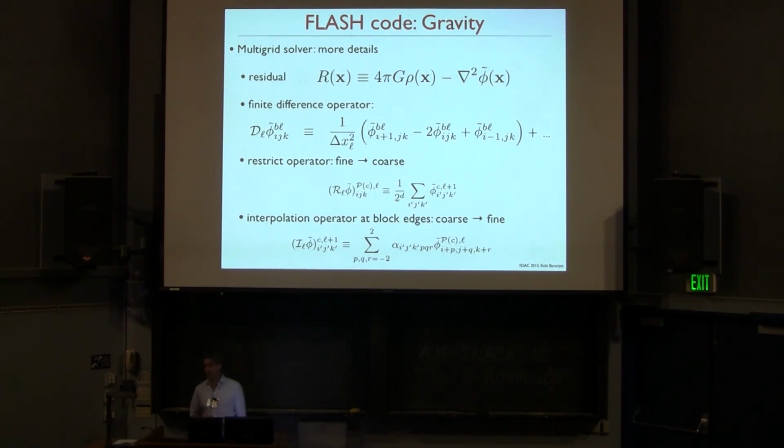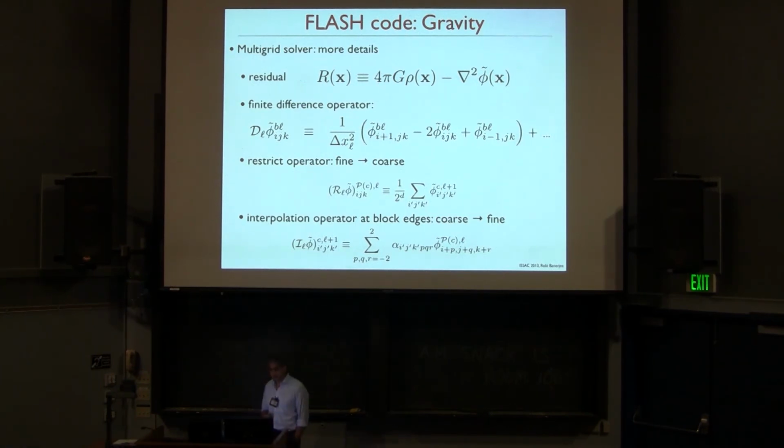These are a couple of definitions which we will use in a second. We need what is called a residual, essentially the difference between the real solution and the numerical solution. So you define a residual.